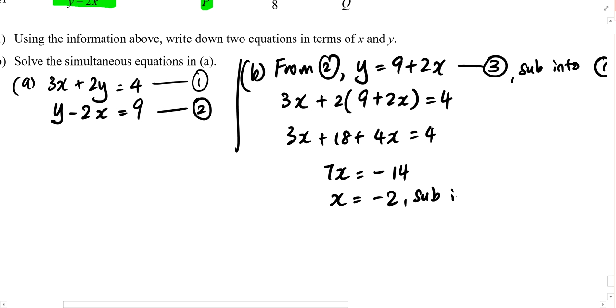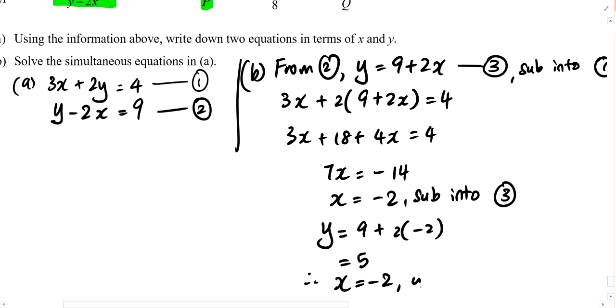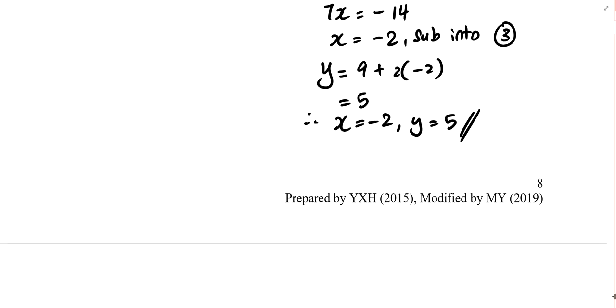Sub into which equation? 3, so that I can get y straight away. y equals 9 plus 2 times negative 2, which is 5. So my final answer: x equals negative 2, y equals 5. Simultaneous equations are standard types of question. You will always be able to solve them using substitution.